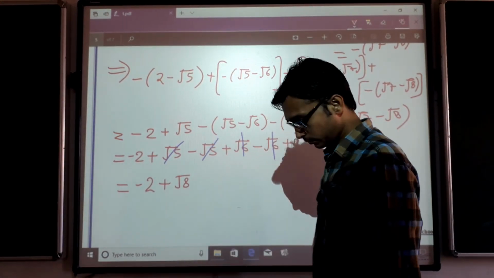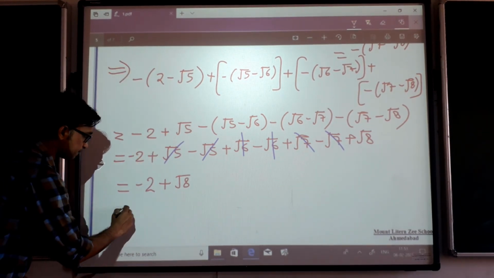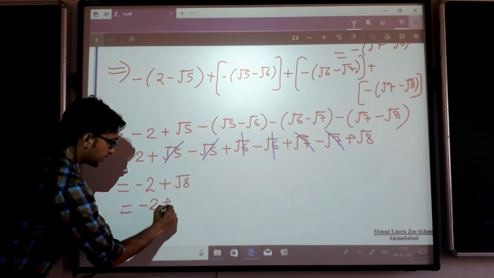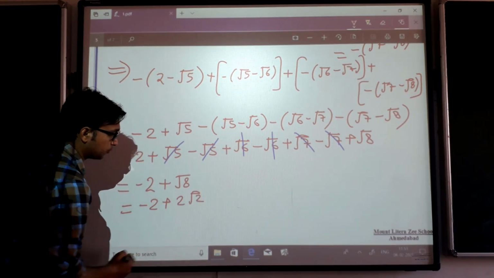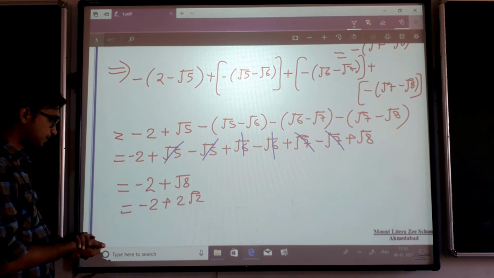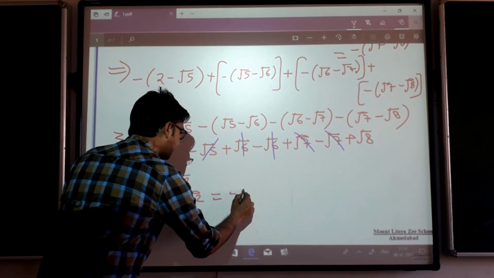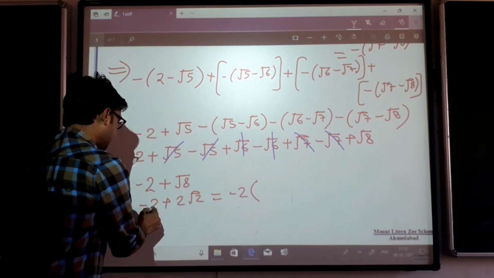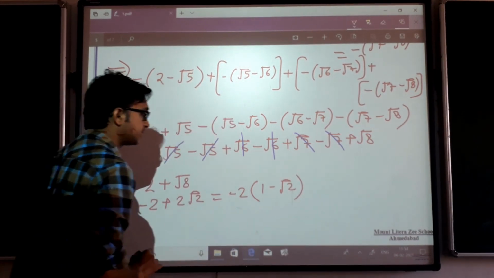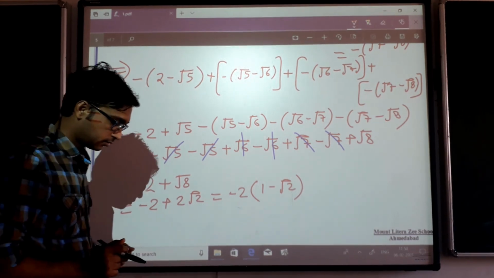This root 8 can be written as 2 root 2. So now we can take common minus 2, and we will get minus 2 times (1 minus square root 2), and this is the answer. I hope you understood.